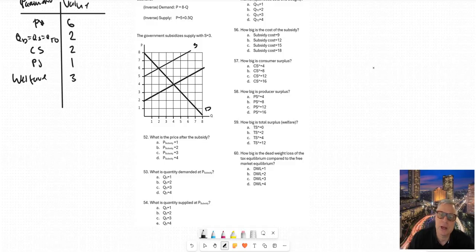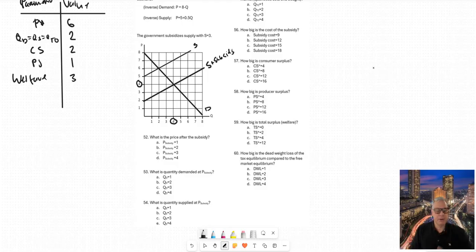So this is now the supply plus the subsidy. Okay, so now the new price is 4. That is what people pay at the cashier. The new equilibrium quantity is also 4.